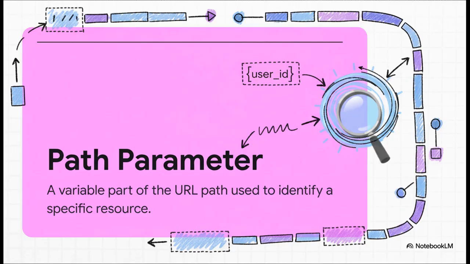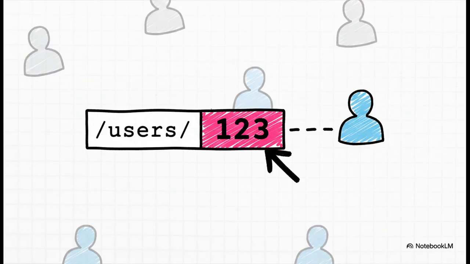It's not some optional add-on, it's baked right into the address, making it a required piece of the puzzle. Let's look at a super classic example, /users/123. That number 123, right there, that's the path parameter. And it's not a suggestion, it's a command. It's telling the API, hey, get me the user with the ID of exactly 123, no one else.